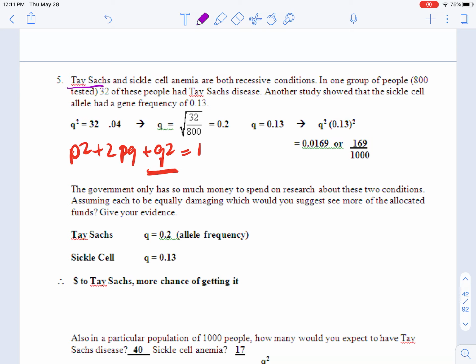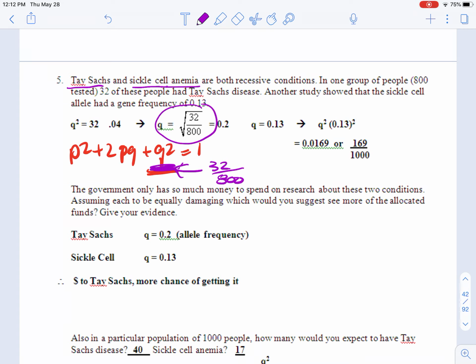This last one is where we're comparing two different conditions, Tay-Sachs and sickle cell anemia, to see which is more prevalent in the population. They tell you that in 800 people, 32 had Tay-Sachs. So we know that's q squared, 32 out of 800.